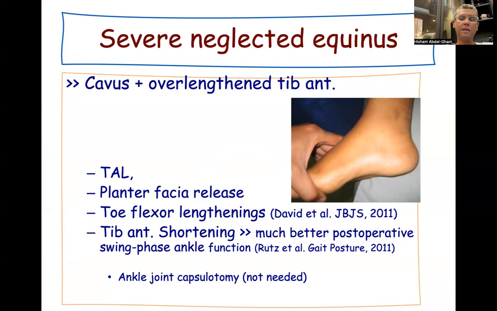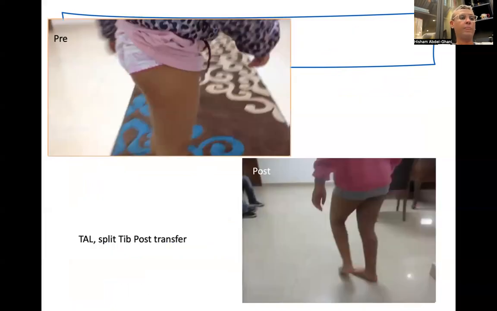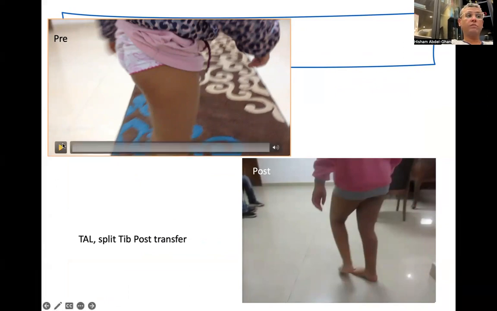They shouldn't be treated like cases of neglected clubfoot or as surgical treatment of clubfoot. As I told you, the patient may have, in addition to the equinus, a varus deformity, and this varus may be secondary to tibialis anterior dysfunction or overactivity and dynamic supination deformity.